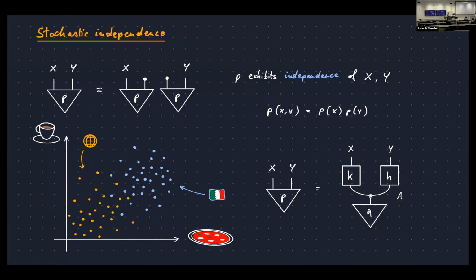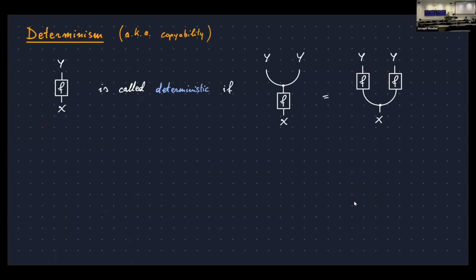All right, now, next, determinism, and that's another great motivation for why morphisms have randomness. What does it mean? Well, it turns out that it's hard to say what it means when something is random, but it's a lot easier to say when something is not random. And some morphisms will not be random.